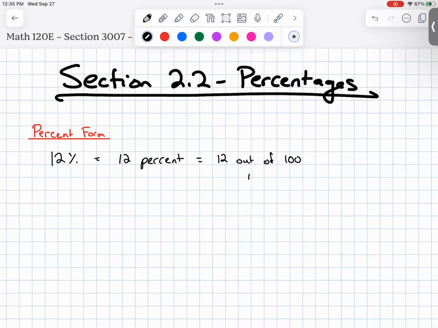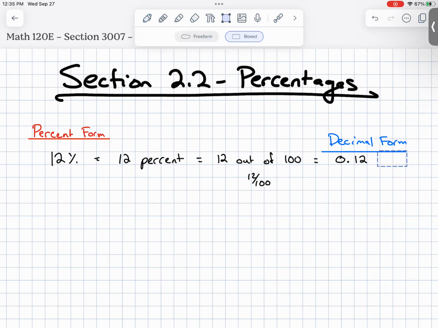That's going to be 12 divided by 100, which is equal to 0.12. That is decimal form. So there's percent and there's decimal form of any given percentage number.